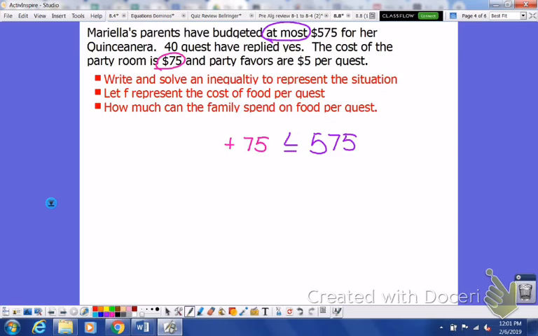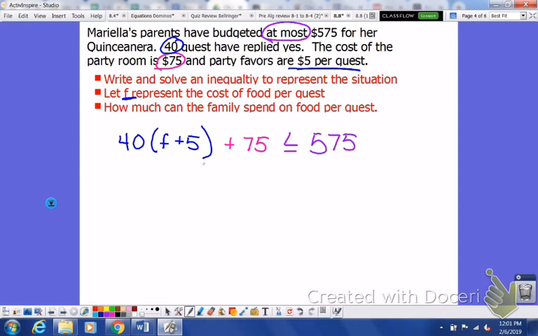And then each guest is going to be getting food, so let F per person, and then $5 per person for 40 people. So for 40 people, we will be getting them food plus a $5 party favor. Okay, so there's our inequality.